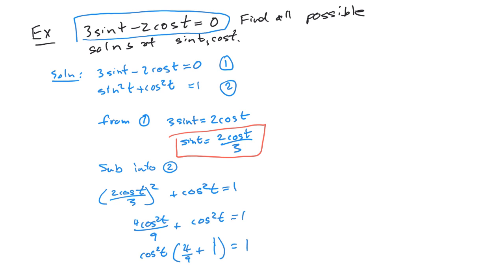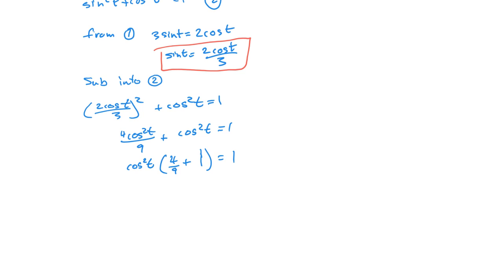You get cos squared t times 13 over 9 equals 1. Now we get rid of the 13 over 9 by dividing both sides by 13 over 9, or multiplying by 9 over 13. So you end up with 9 over 13 equals cos squared t.